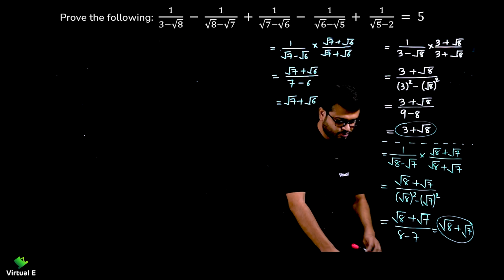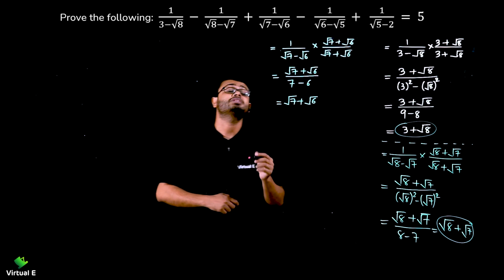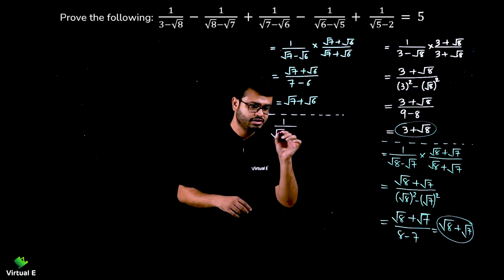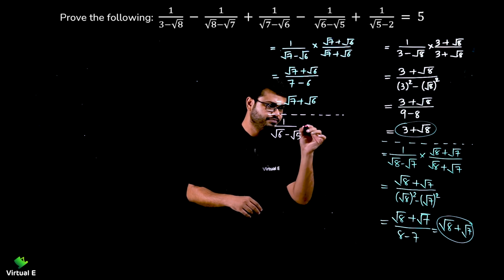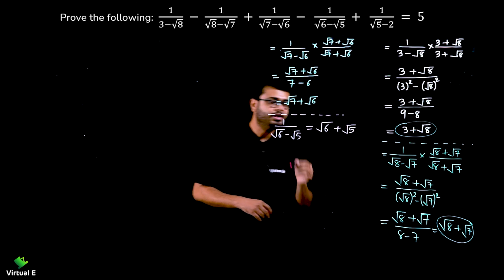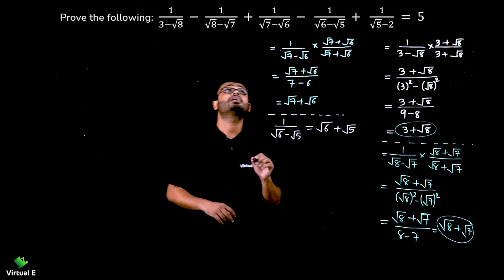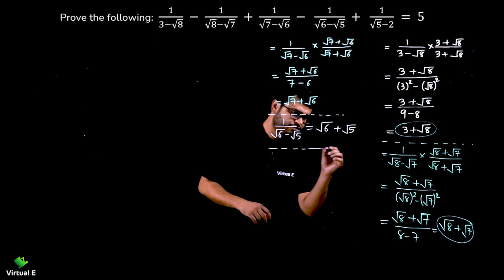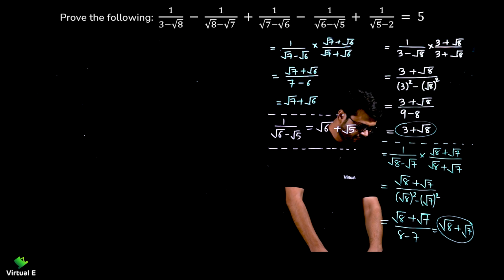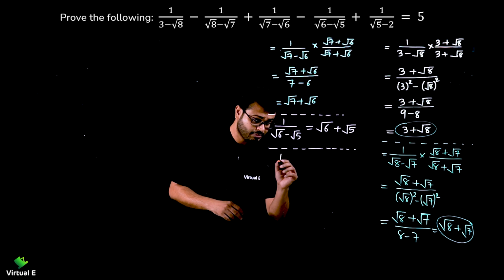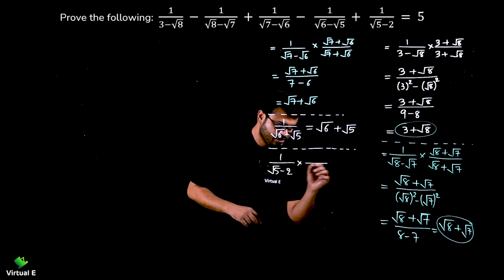Now let's do one more term, that we have 1 by root 6 minus root 5. I'm just writing the direct answer, that is root 6 plus root 5. If you want to try it, you can check it. This will be the answer only. Then now we have one more, 1 by root 5 minus 2. So let's solve this one, how we are going to approach it. So 1 by root 5 minus 2, and here what will be there?